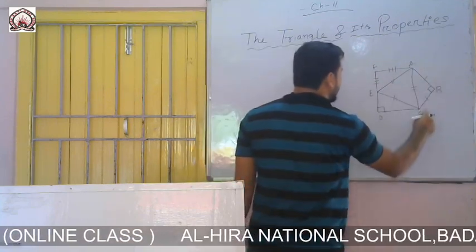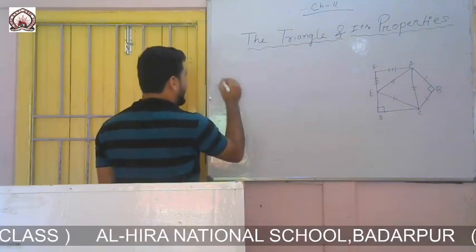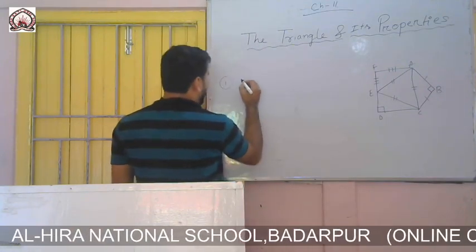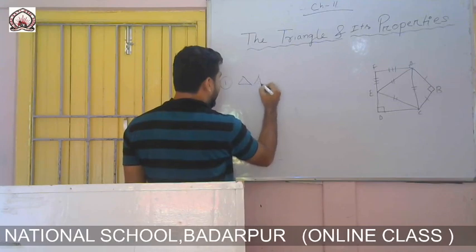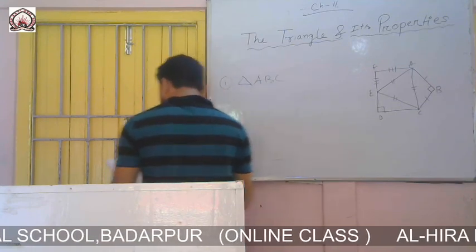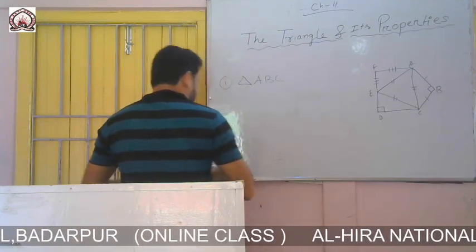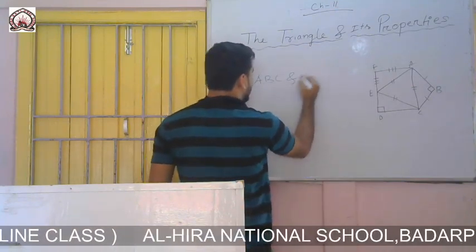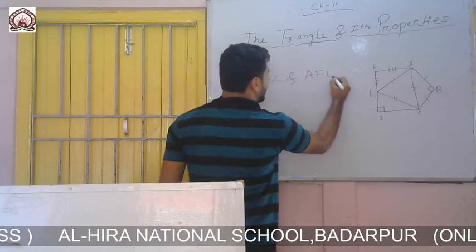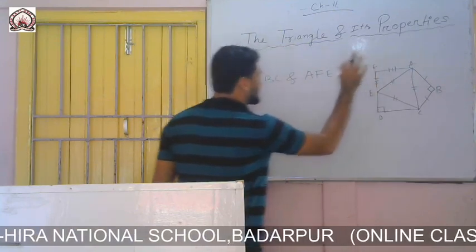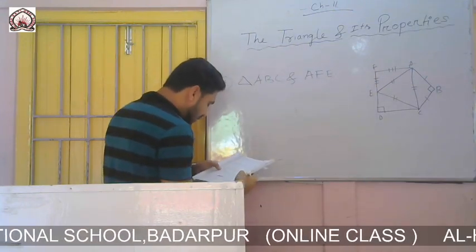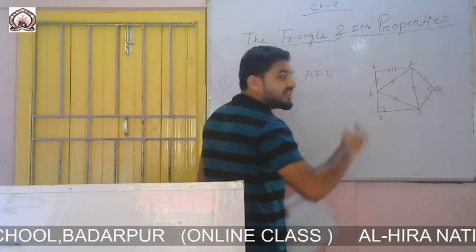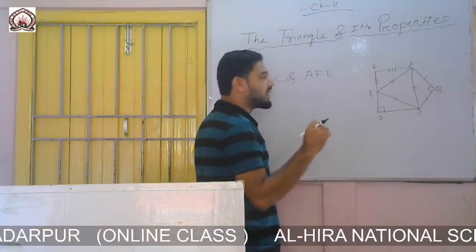So the first answer will be triangle ABC, and the second will be triangle AFE, because in these two sides are equal. Now we shall go to equilateral triangle. That means three sides are equal is called an equilateral triangle.